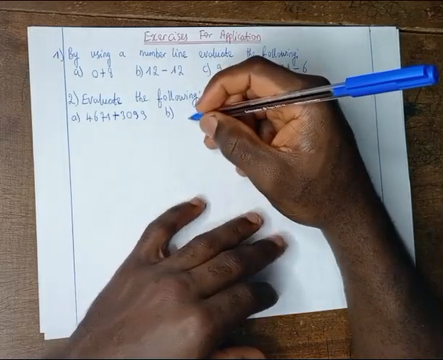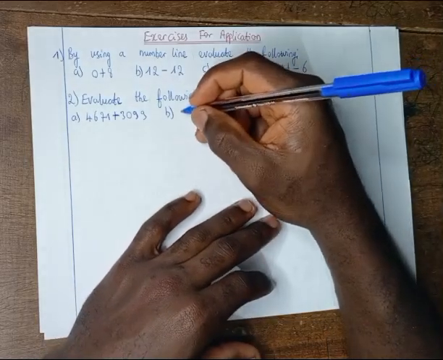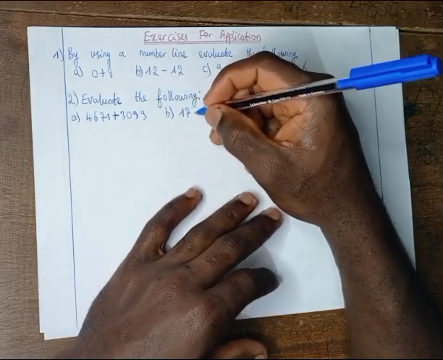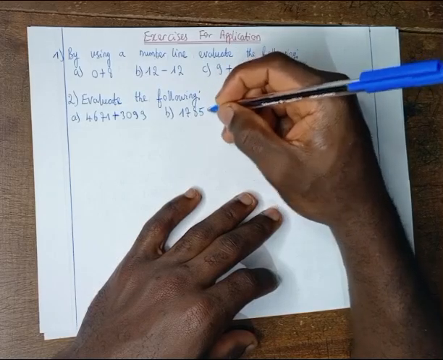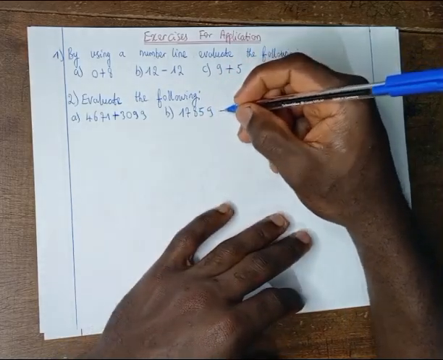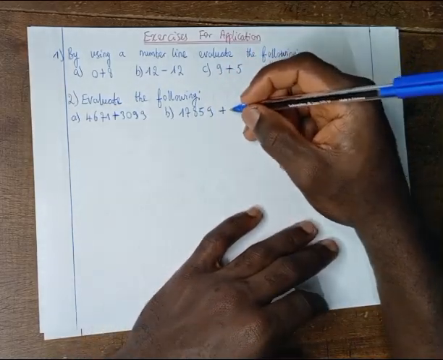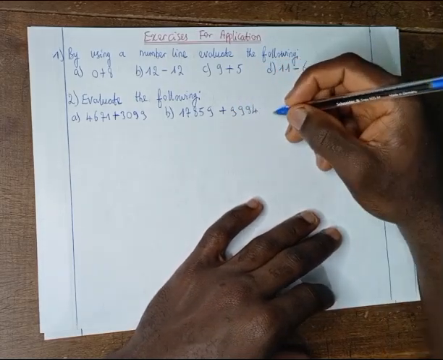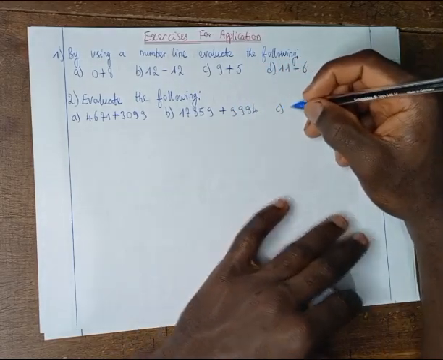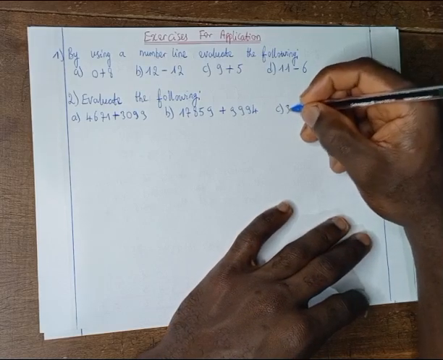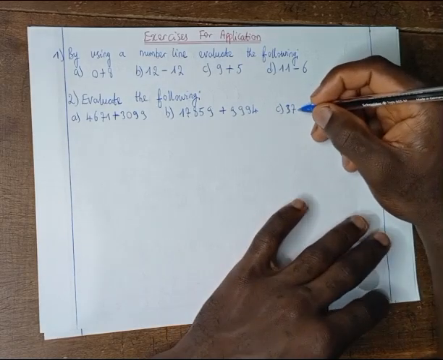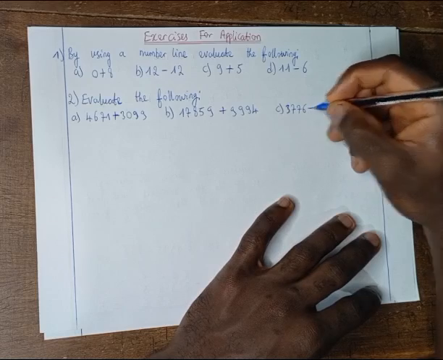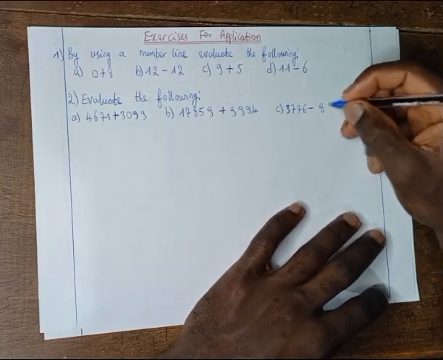Question B, we have 17,859 plus 9,994. Question C, we have 3,776 minus 89.